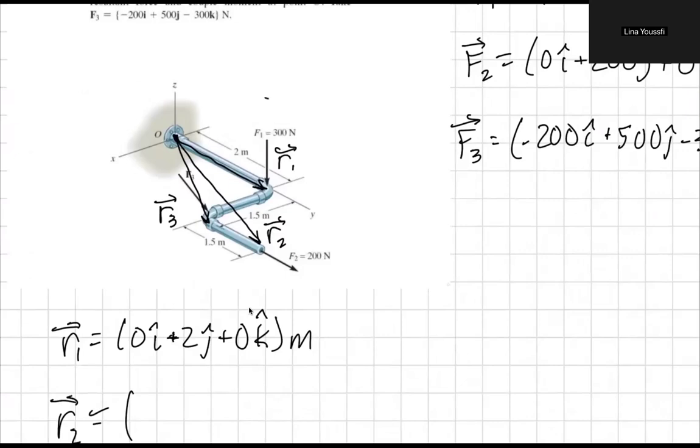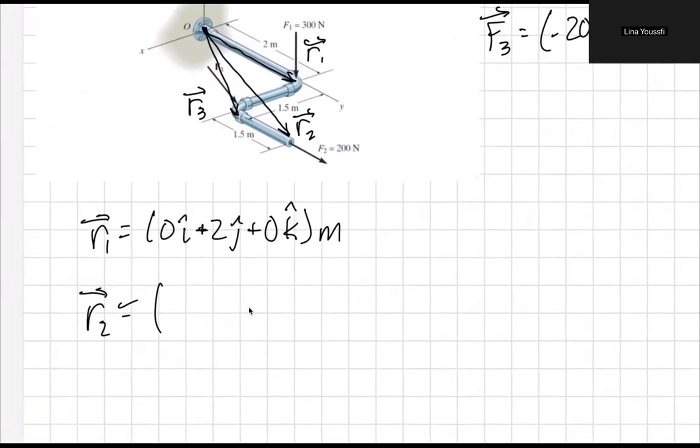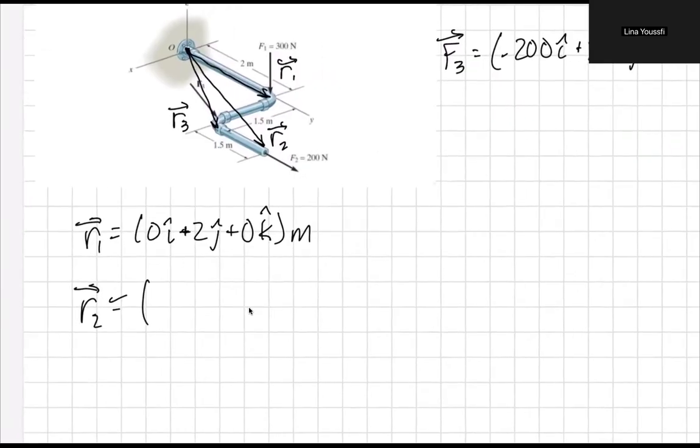I've got this 2 meters here, and then this 1.5 meters. So I'll add those up. It's going to be 3.5, and again, that's in the Y direction. For the X direction, we can see that this only goes over 1.5. So it's going to be 1.5 in the X direction and 3.5 in the Y, again with nothing in the K direction, nothing in the Z direction.